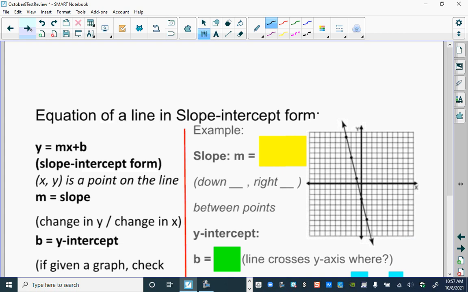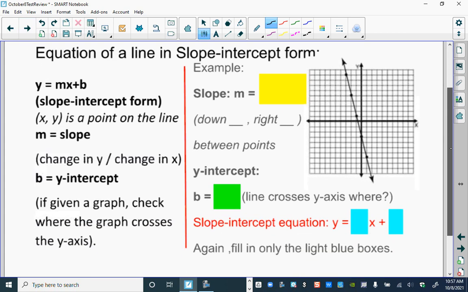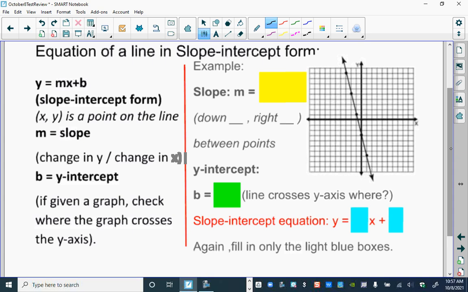Okay, this one I want to talk about a little more. Look at each point. Pick any point to start. We'll start at this point here. How far down did we go between our points? Went down 4. When we go down, is that a positive or a negative? -4.